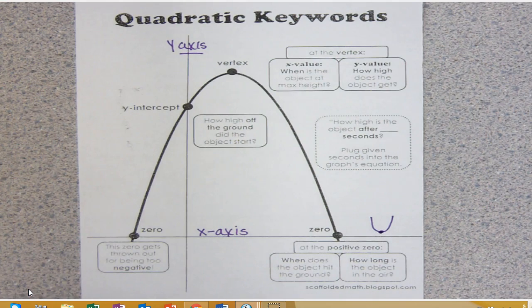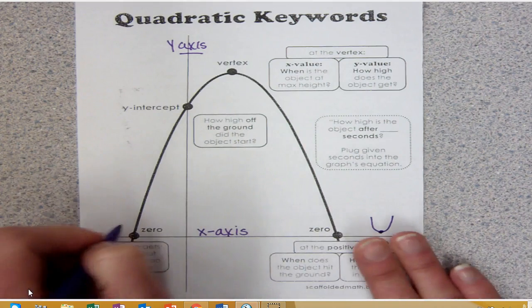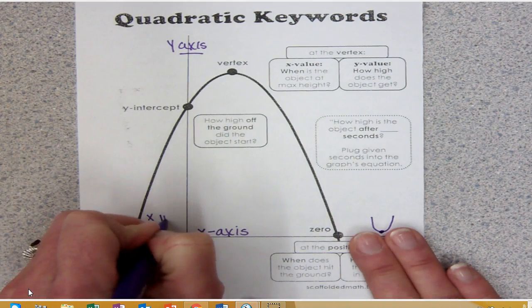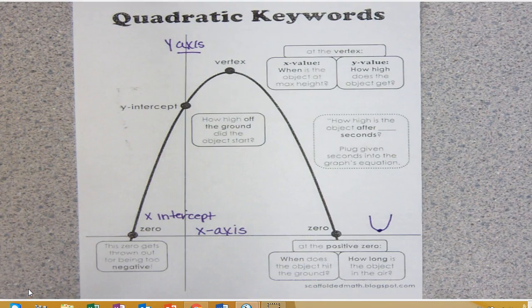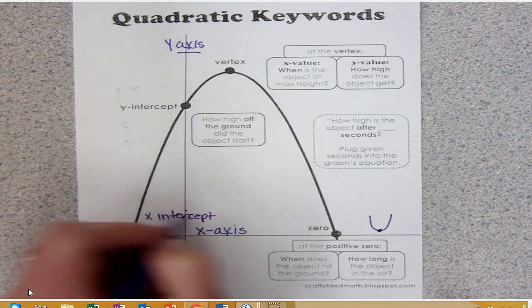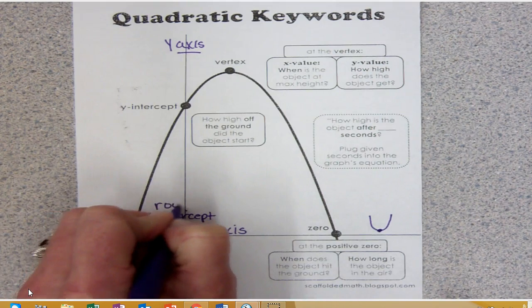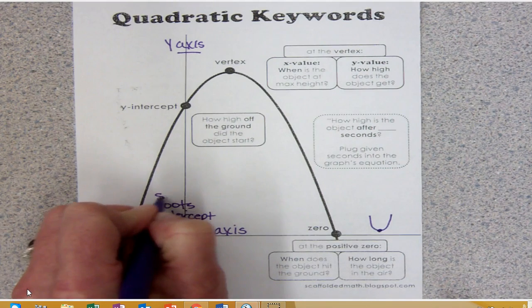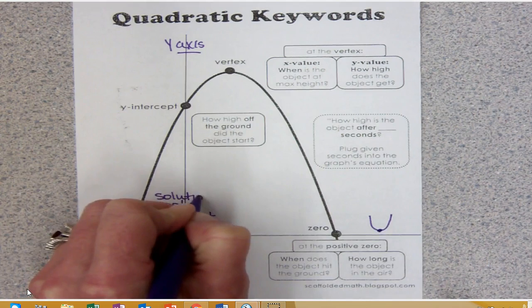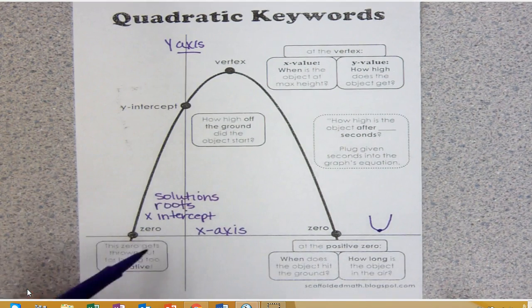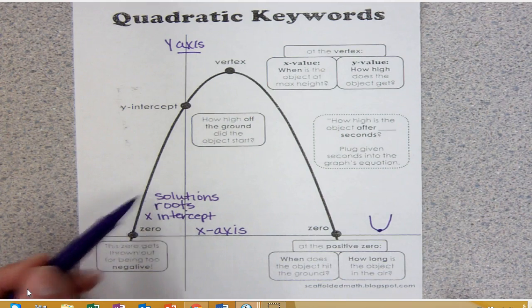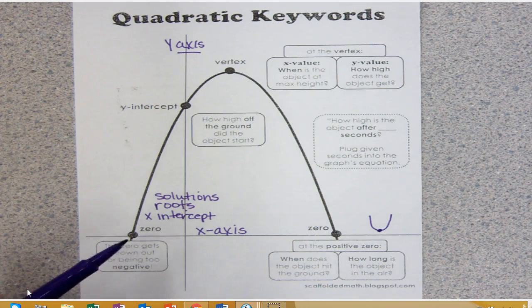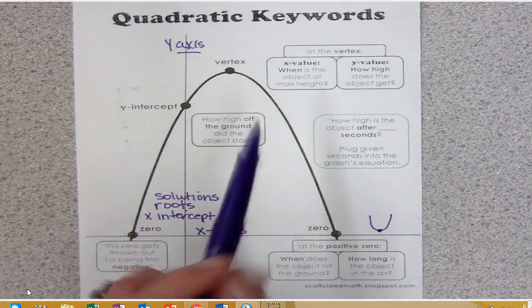So those would also be called the x-intercepts, and these are also called roots and solutions. So the zero is also the x-intercept, the roots, and the solutions. Those are all synonymous. These are going to be vocabulary words.